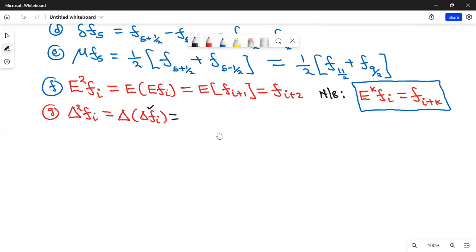What was it? Here we got Fi plus 1 minus Fi from our definition of forward difference of Fi. And so this is the same as writing forward difference of Fi plus 1 minus forward difference of Fi.